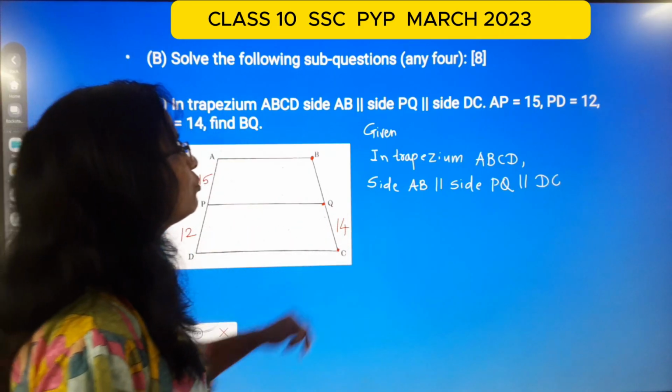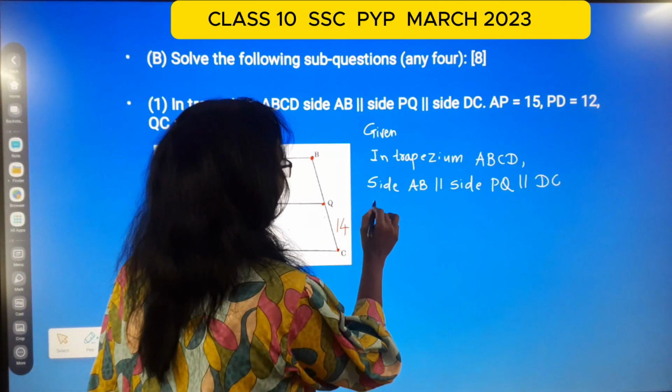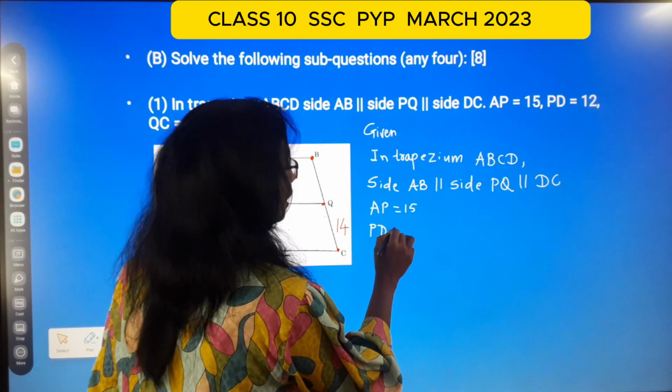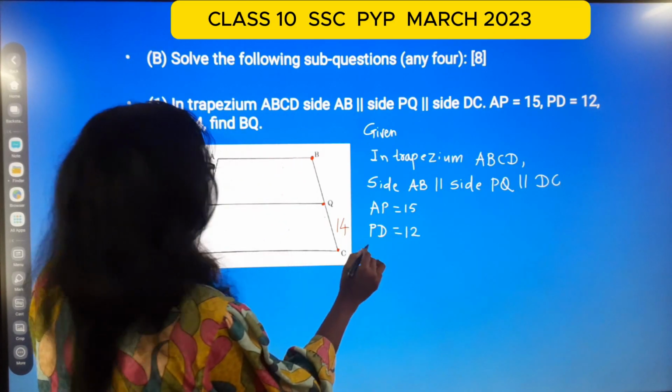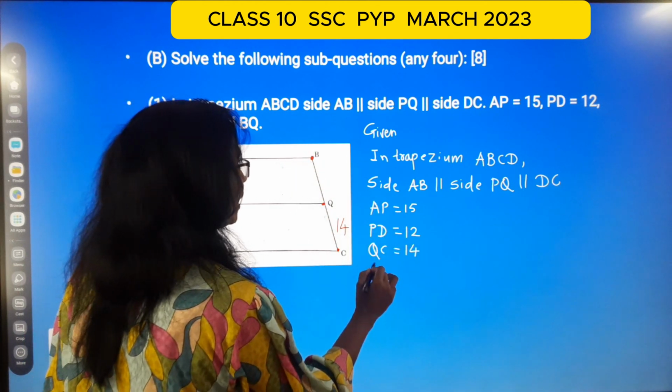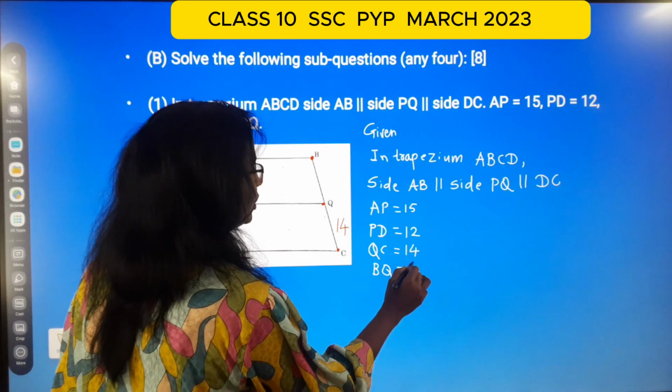So now first we write the given: AP is equal to 15, PD is equal to 12, QC is equal to 14, and BQ is equal to question mark.